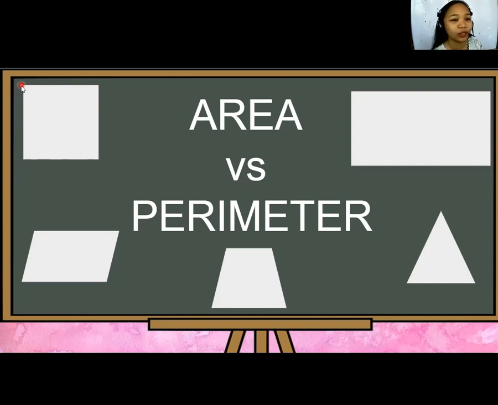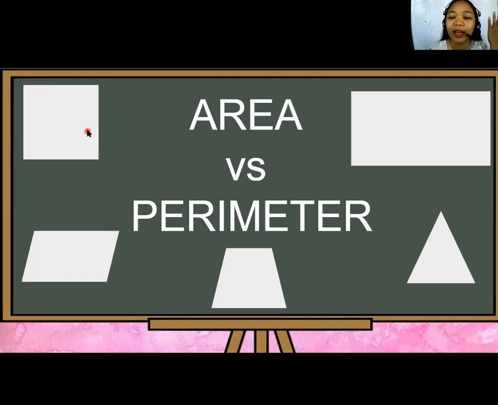While when you say area, that is what is inside your figure. For example, in a rectangle, how many square measures can be put inside your rectangle? On a square, how many squares can be put, or what is the capacity of your given square?